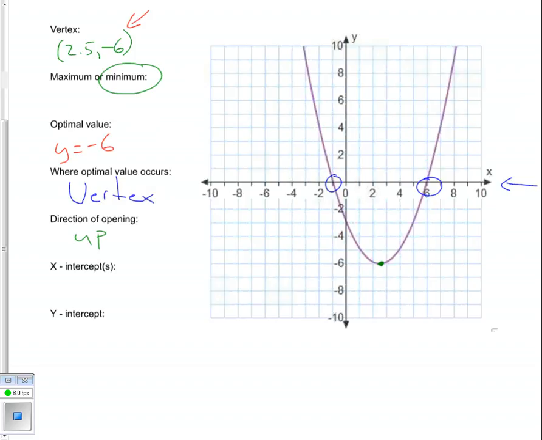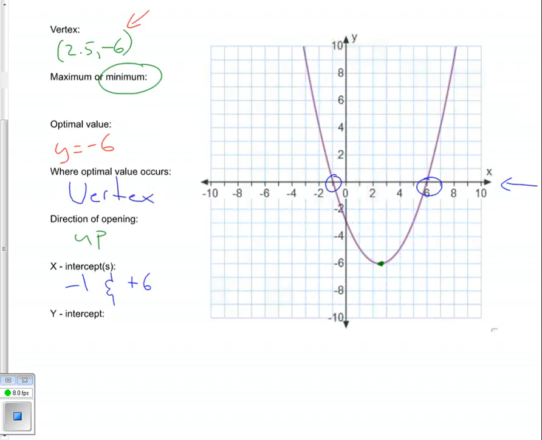The x-intercepts are at -1 and positive 6. Please do not write down that they happen at -1 or positive 6, because they in fact happen in both locations at the same time. So the x-intercepts happen at -1 and positive 6.